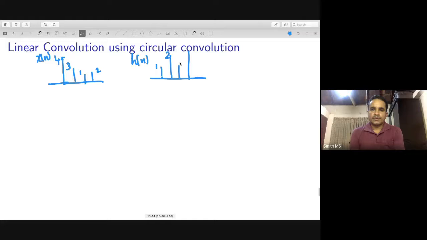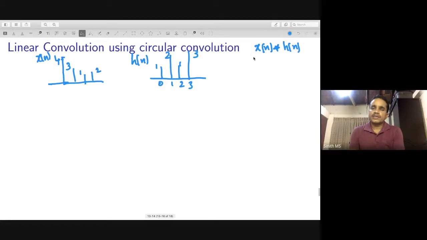One, two, one, three, 0, 1, 2, 3. When you do a linear convolution of x of n and h of n, what you are going to get is, okay, before that, how will you notate circular convolution? How do you notate linear convolution? You put a star, x of n convolution h of n.